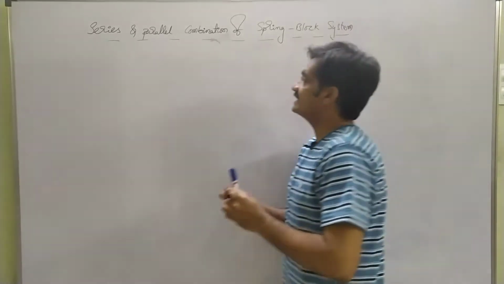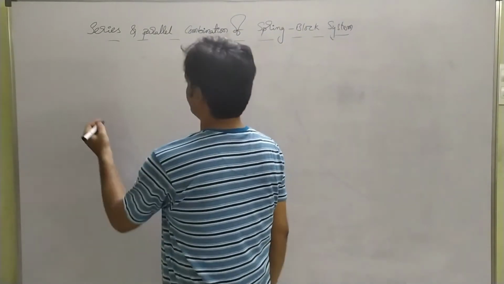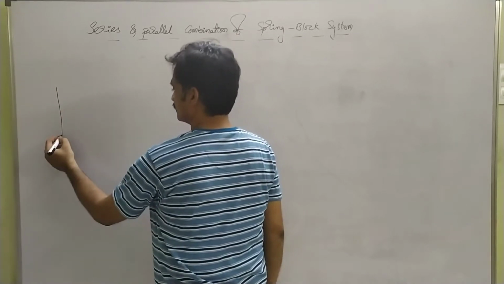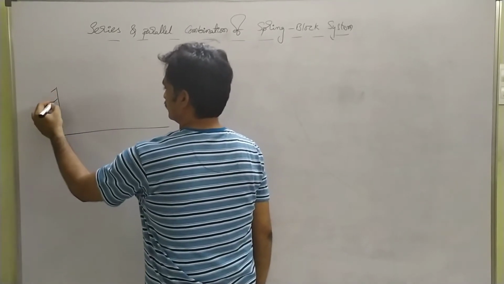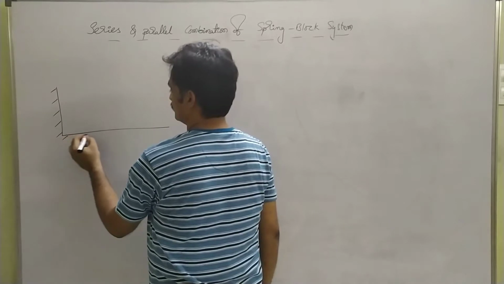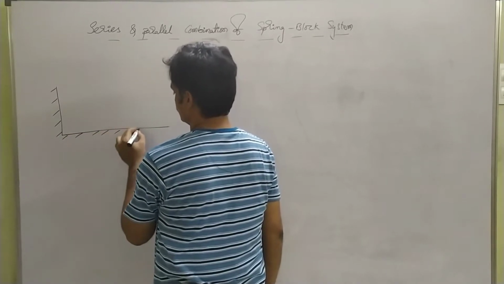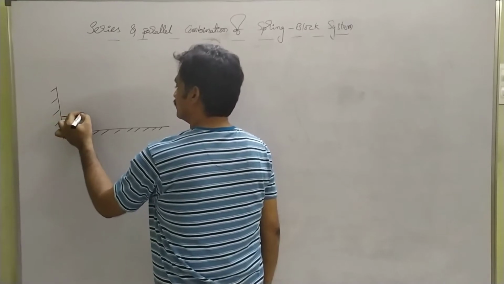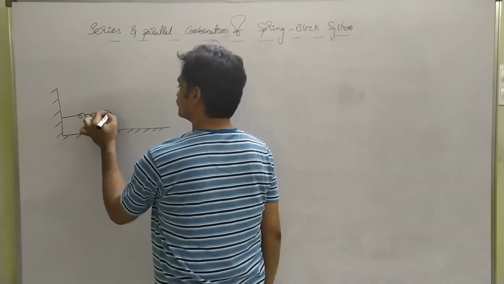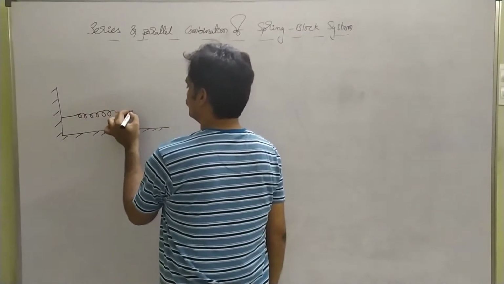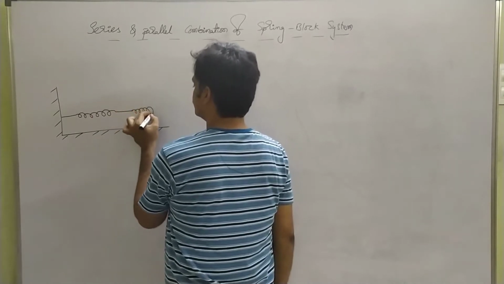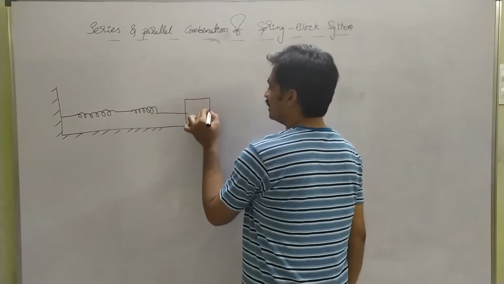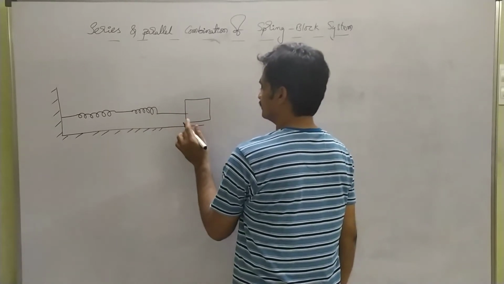Let us discuss about a series combination of a spring block system. For this, here we consider two springs which are connected in series to a body of mass m.